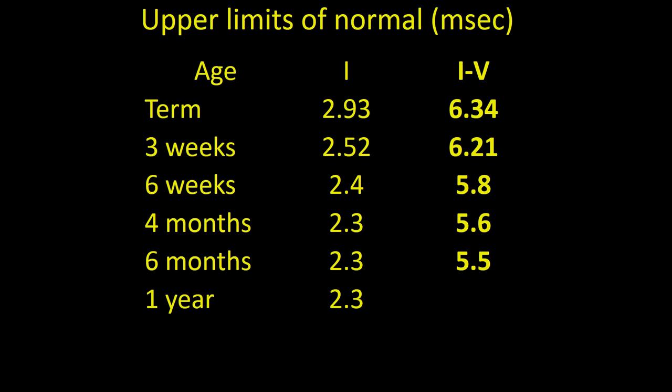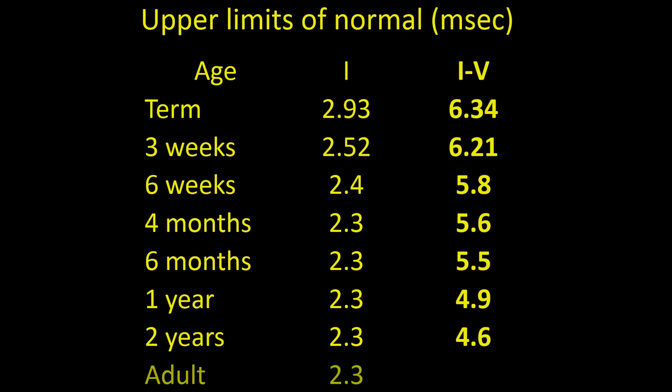At 1 year, the latency to 1 should be 2.3 milliseconds or less, and the interpeak latency should be 4.9 milliseconds or less. At 2 years, the latency to 1 should be 2.3 milliseconds or less, and the interpeak latency should be 4.6 milliseconds or less.